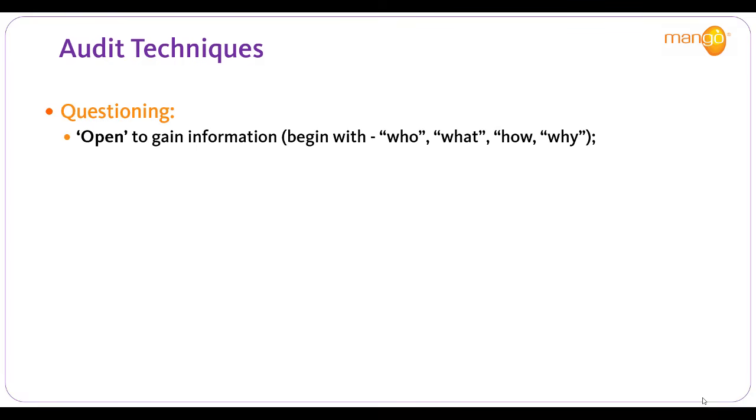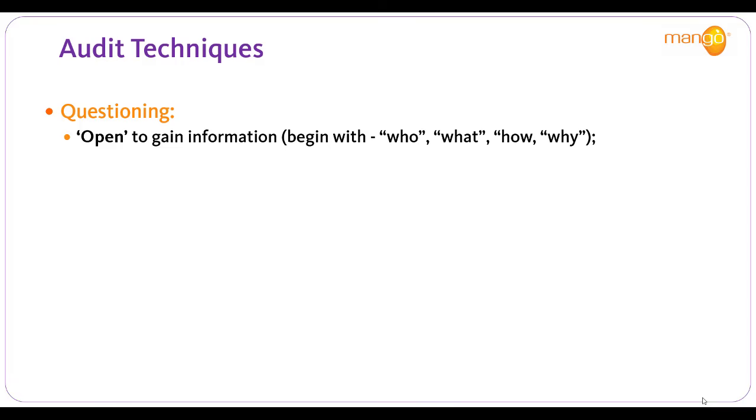So mostly the audit techniques will be around questioning. Let's have a look at some audit techniques around the questioning. The first type of questioning is open questions, asking the auditee open questions and getting information from those.